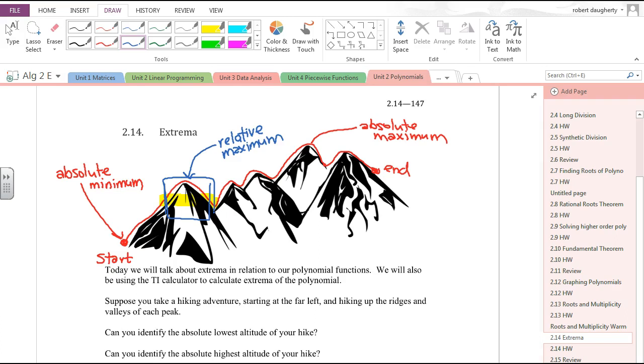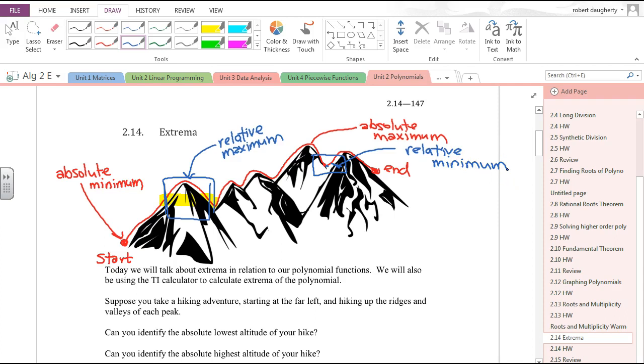It's not the maximum of my entire hike, but if I went from here to here, it would be a maximum. Same thing right here. If I only consider this portion of the journey, this would be a relative minimum. It's not the absolute, but for that area, it is. So this is just some terminology you'll use in pre-calc and in calculus.